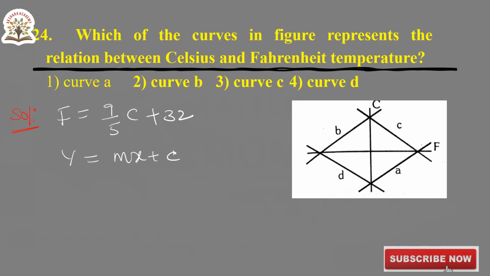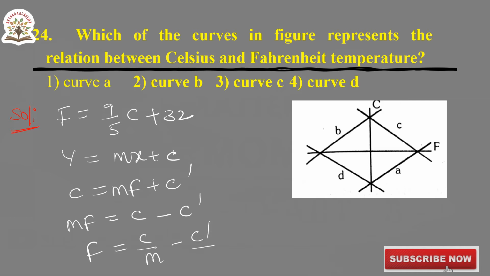So this can be written as C is equal to mF plus c dash. So mF is equal to C minus c dash. So F is equal to C by m minus c dash by m. So here the intercept is negative. So here minus c dash by m is negative.